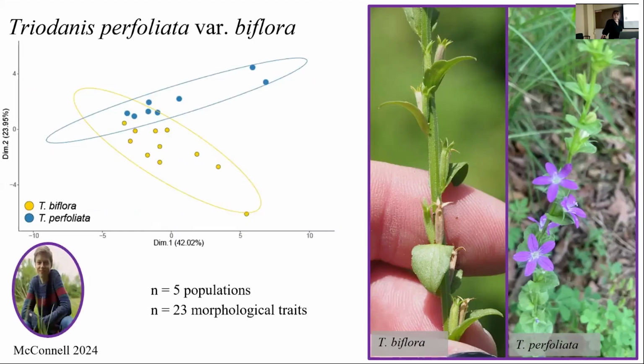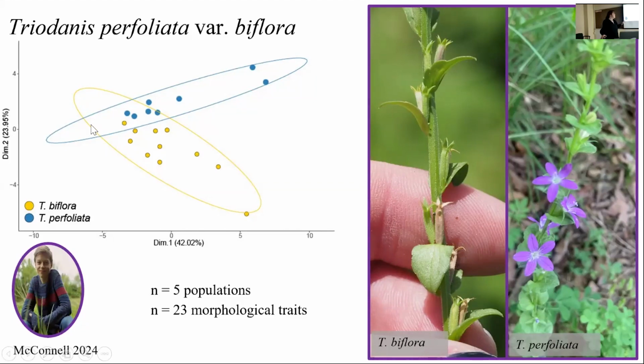That said, previous work in the Weber lab by Keegan here found that morphologically, these two species are distinct even when co-occurring. So he collected in populations where Perfoliata and Biflora were touching. He collected 5 transects and measured 23 traits on approximately 200 individuals.